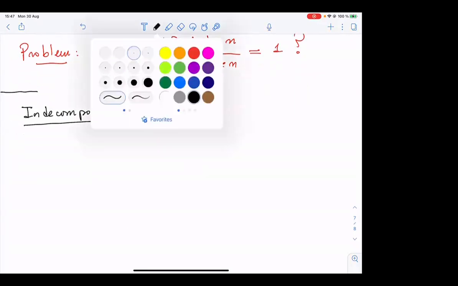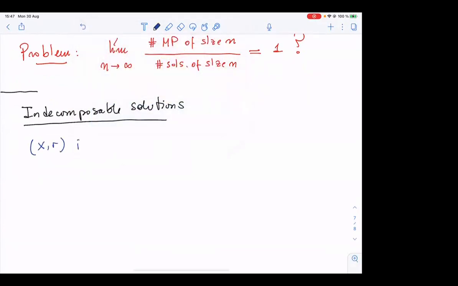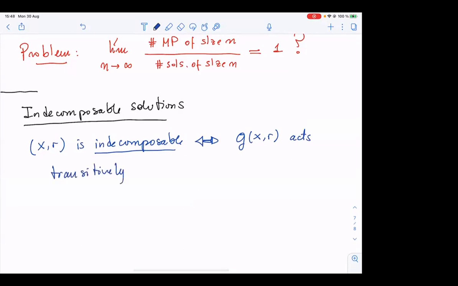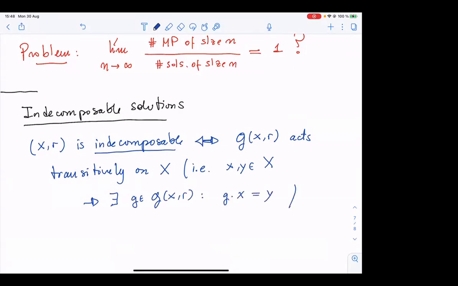We are going to say that a solution like this is indecomposable if and only if, you remember this permutation group on X, a finite group acting on my set X, acts transitively on X. This means that if you take two elements x and y in X, then there exists an element g in this group that sends x to y. So the action that you have is transitive.